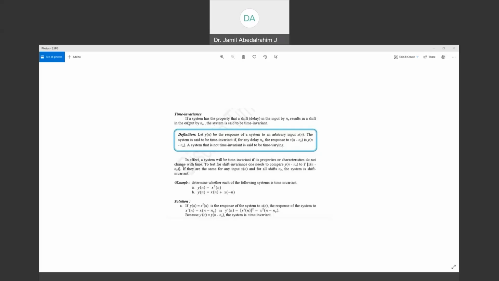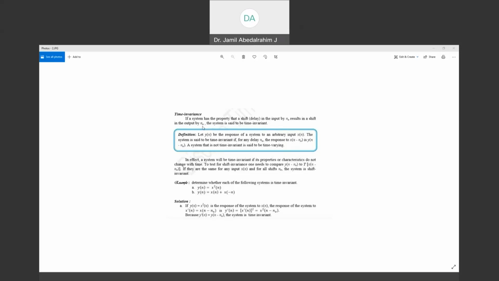If a system has the property that a shift in the input by n naught results in a shift in the output by n naught, where n naught could be a specific number like 3, 4, 5, then the system is time invariant. Any shifting in the input should be the same shifting in the output, without any other change.